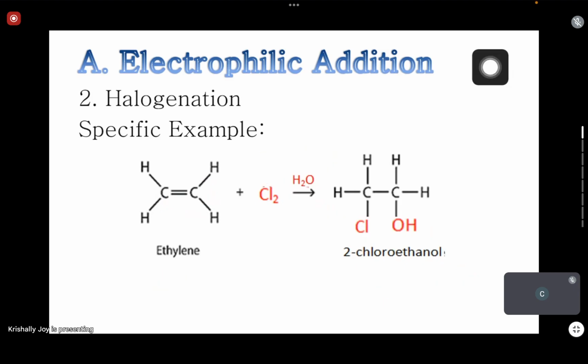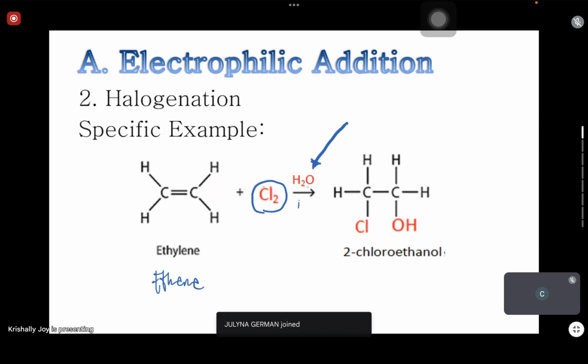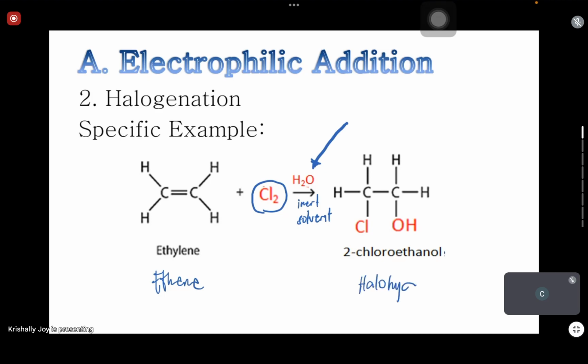However, dito sa halimbawa na to, yung ethene this time undergoes halogenation but in the presence of what solvent? Water. So yung inert solvent dito is water. Ano sabi natin kapag in the presence of water, yung halogenation will form halohydrin. Halohydrin.